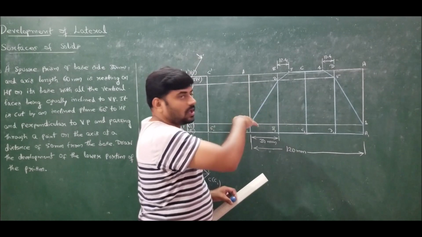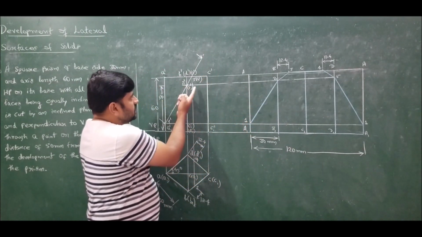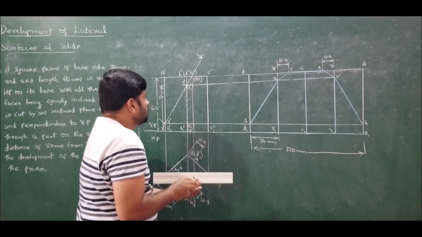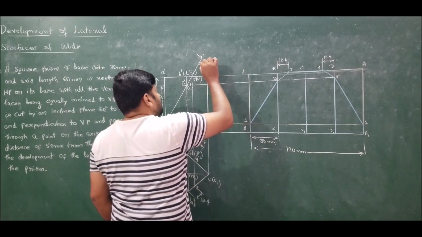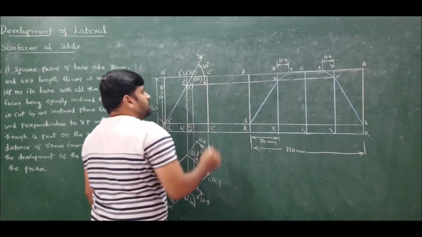So that will give us this solid square prism cut by the cutting plane at an inclined angle of 60 degrees to HP. Sorry, I forgot to give the inclination. The cutting plane is at an angle of 60 degrees to HP.